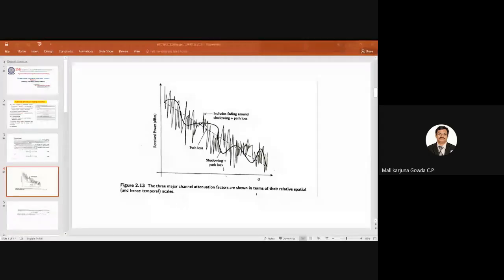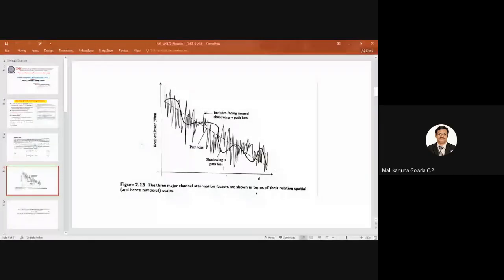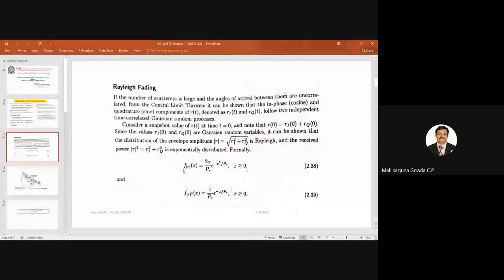Okay, so Rayleigh fading I discussed. What is Rayleigh fading? How do we express that? These are the two important equations. How do I say the received signal amplitude is distributed? The received signal amplitude is distributed as a Rayleigh.